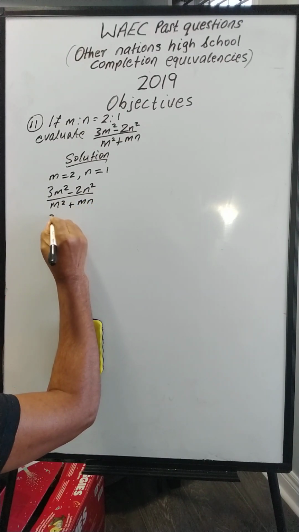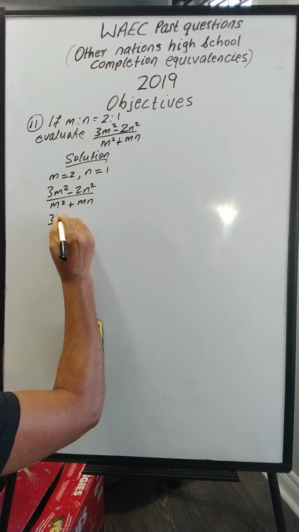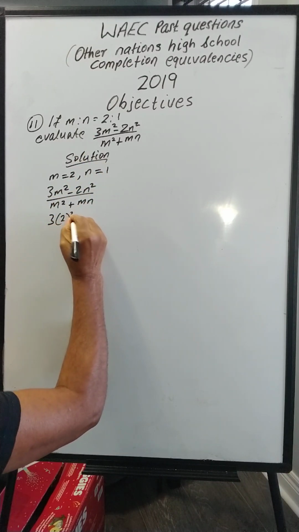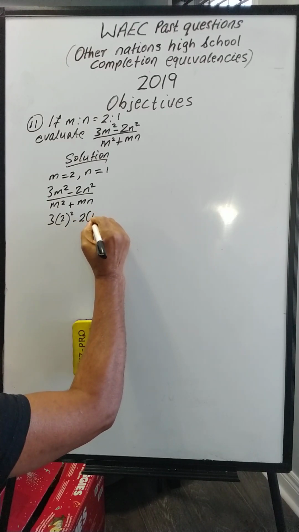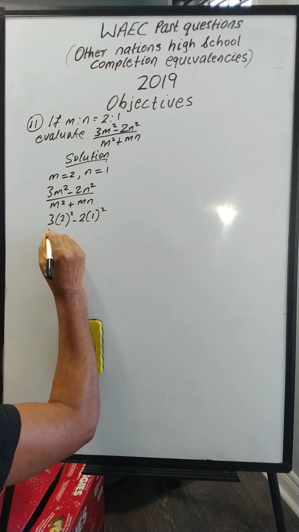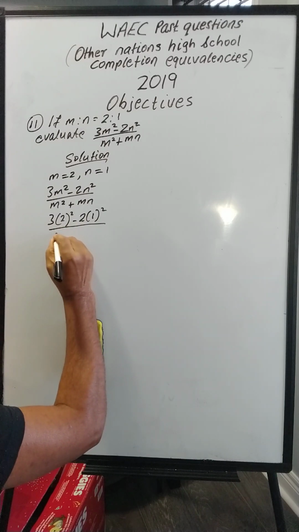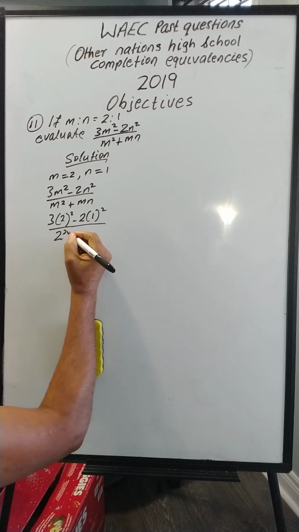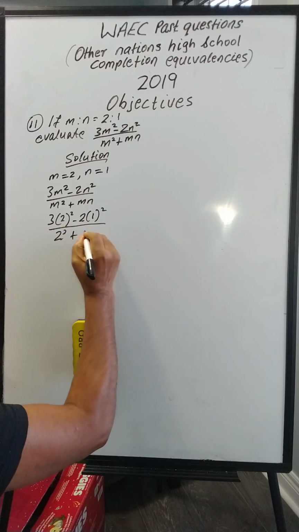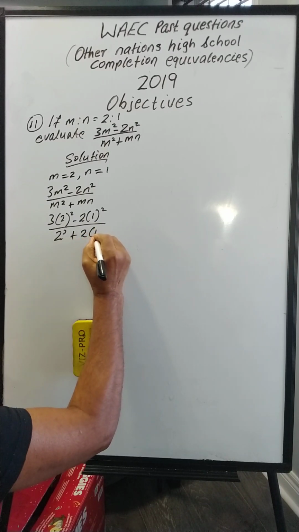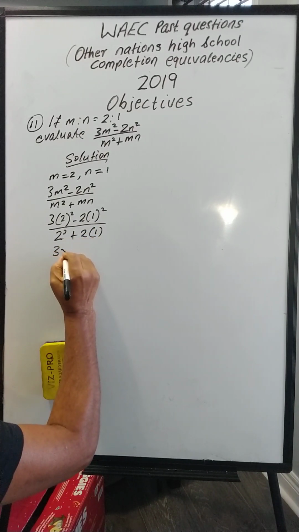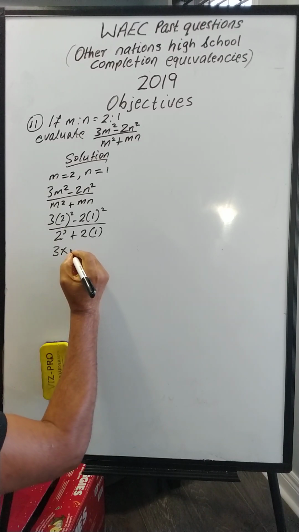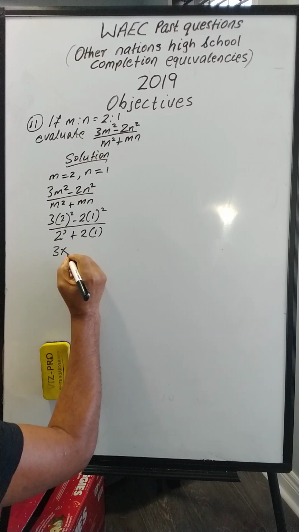We have 3, m is 2, squared, minus 2, n is 1, squared, all over 2 squared plus 2 times 1.